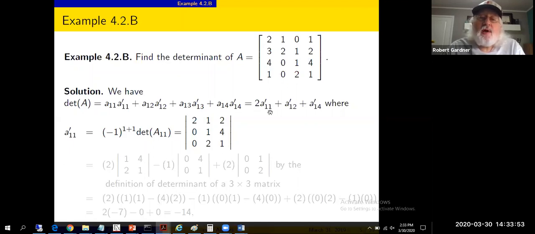So we'll have 2 A11 prime from this 2, 1 A12 prime from this 1, entry A sub 1,2 in the matrix, and 0, that third term is gone. How convenient. A14 prime with a coefficient of 1. So plugging in the entries in the matrices.